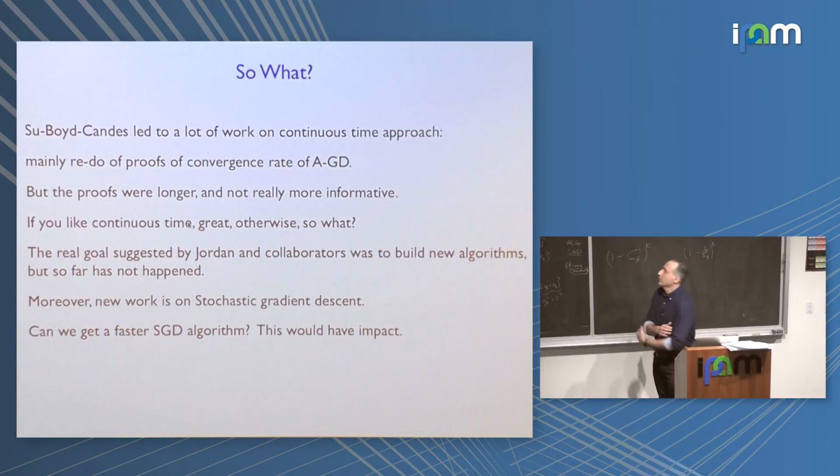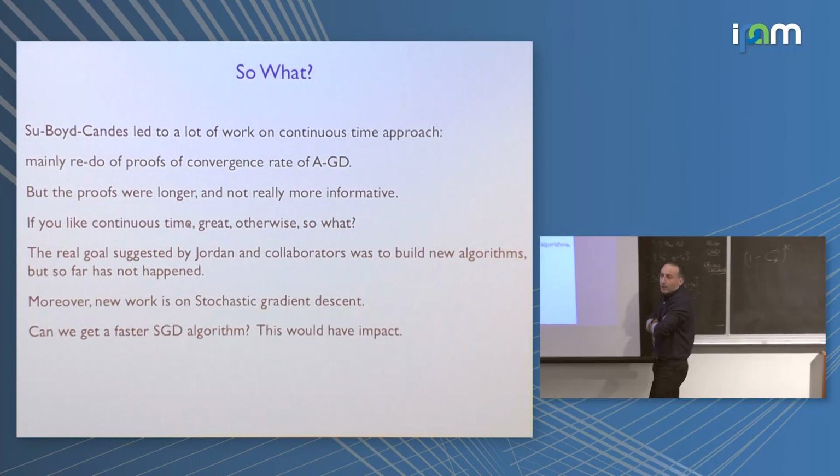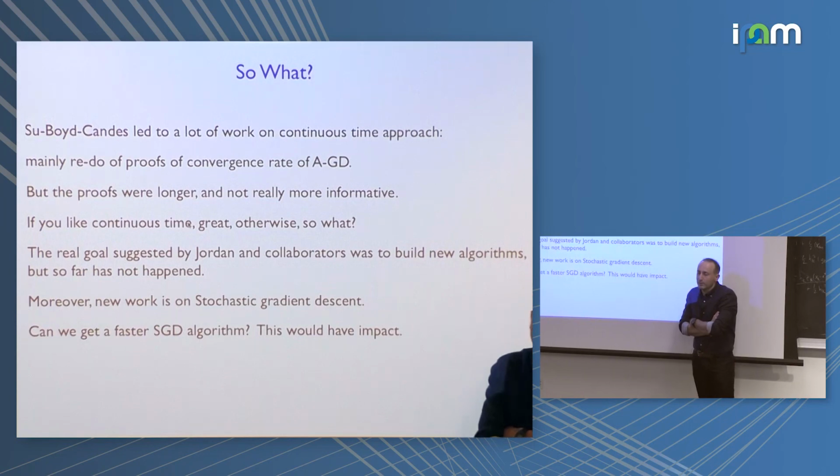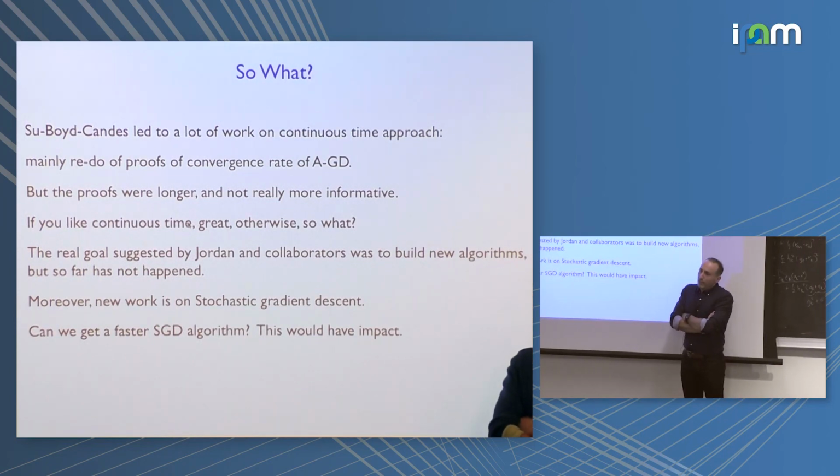Okay, so what? It's nice. I like it because it's cleaner math. But at the end of the day, what we want is an algorithm. And the algorithms we care about, we know they've proved you can't do better for gradient descent. For SGD, though, maybe there's an accelerated version. People have tried different versions, just heuristically, of acceleration with SGD.